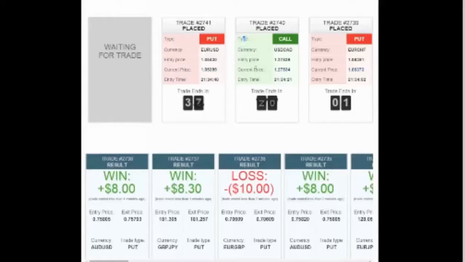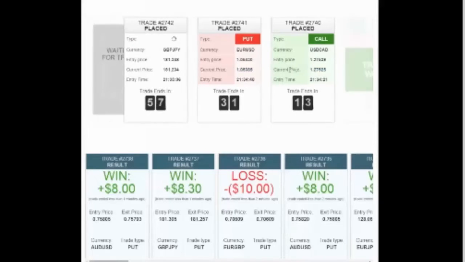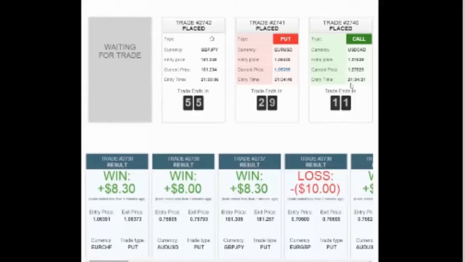This one was a call. Here's the current price as of now, and you'll notice this price is moving. Here the trade counter shows 11 seconds, 10 seconds, 9 seconds for the trade to end. Remember, these are 60-second binary options trades.